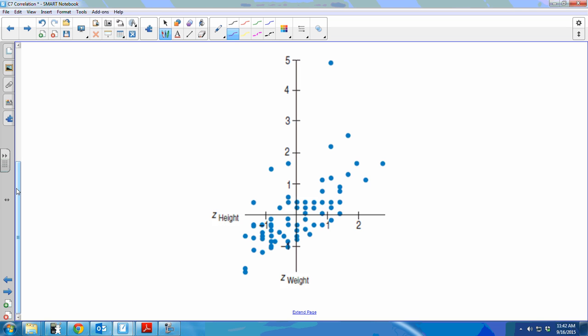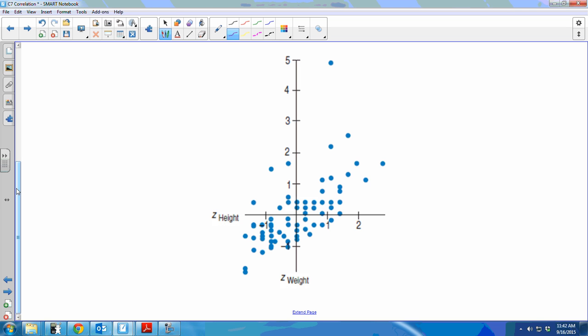And so that would indicate a positive direction. If you had points that had an x or y that was negative and the other one was positive, when you multiply those together, that would indicate a negative direction, right? And then if you had any points that were on an axis, that means one of the z-scores was 0. When you multiplied them, you get a 0, right? And they would have no weight on the direction, okay?